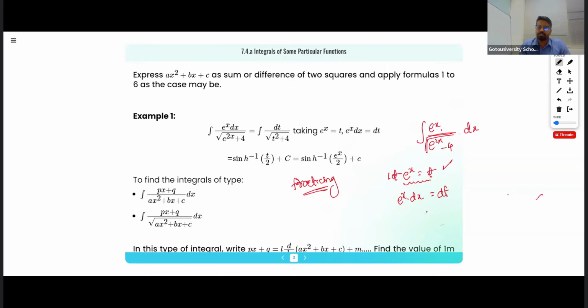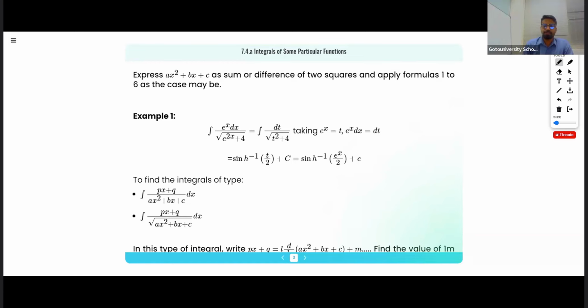Once I see this, I will be thinking of this question in the form of, just let me give you this. Yes, a small correction in this question. If it is of the form, yeah, this is plus, no?